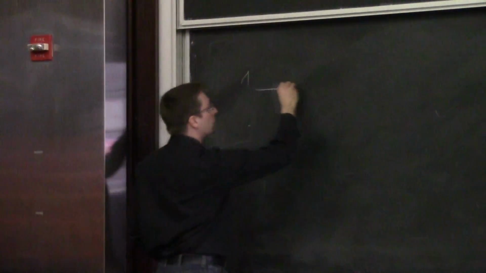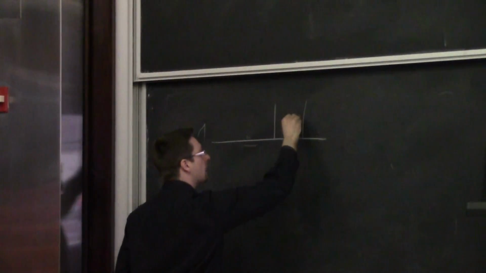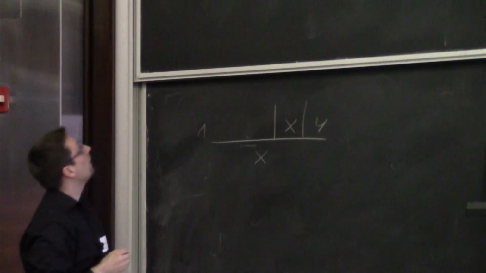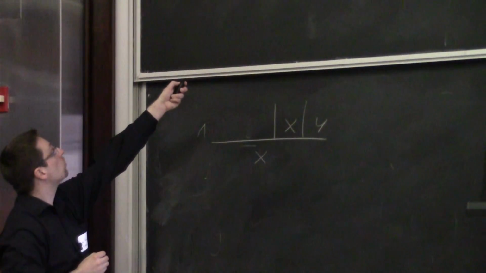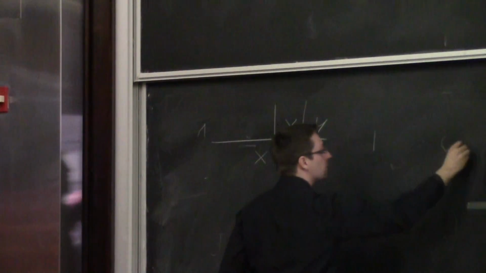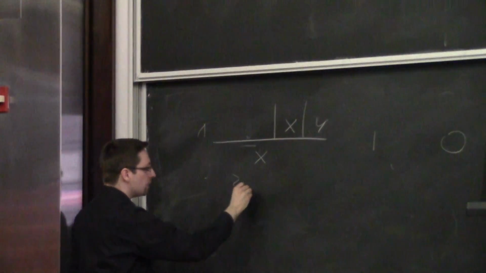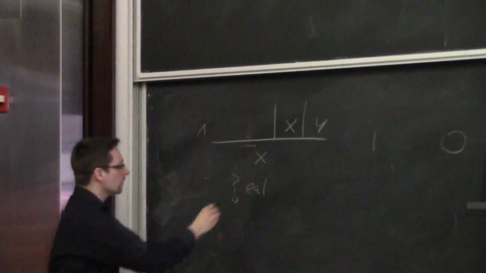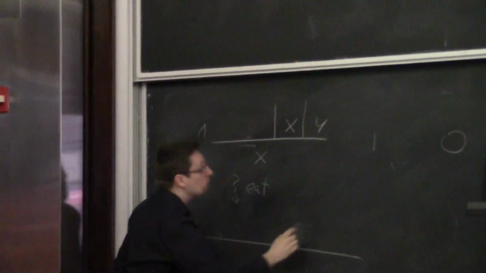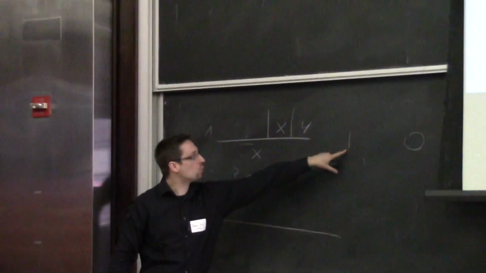We have our true, which eats an x and a y and just returns x. We apply this to 1 and 0, so we let this eat 1 and 0. If we do the eating rule one time, what do we get? This guy eats the 1.